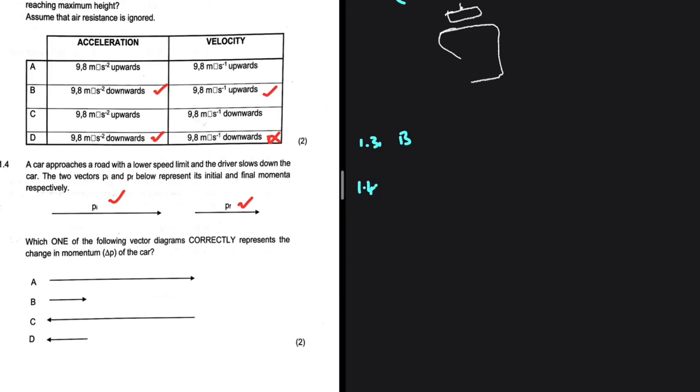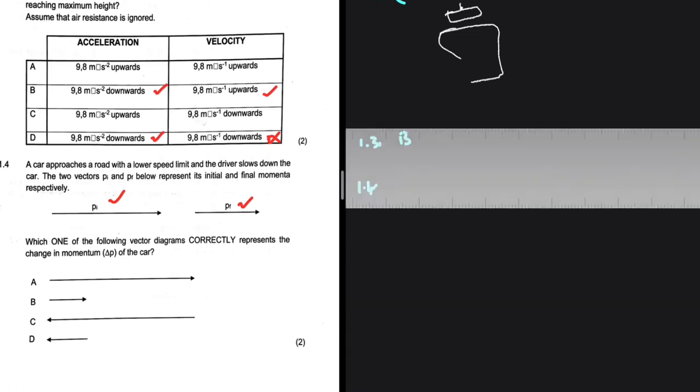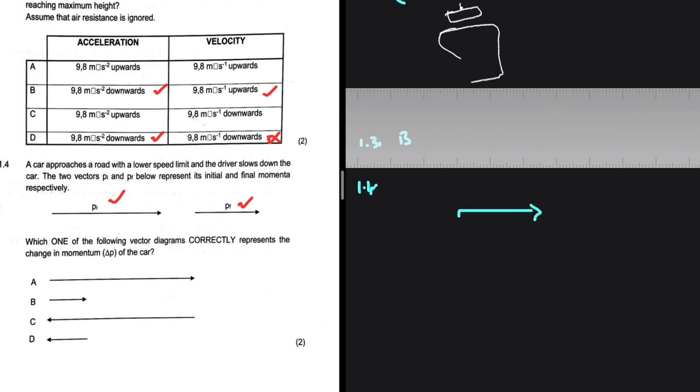We're looking for the vector that represents the change in momentum. P final minus P initial. So let's go ahead and have that. For P final, the vector looks something like this. This is P final, and we're supposed to subtract P initial to find the change in momentum.